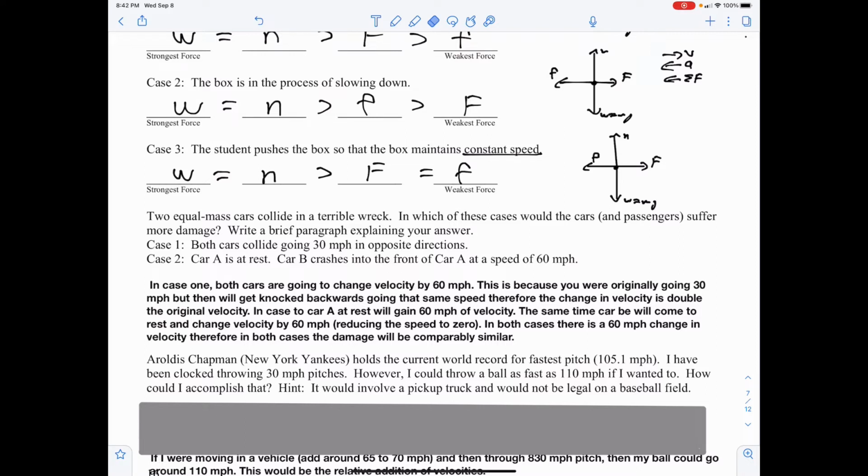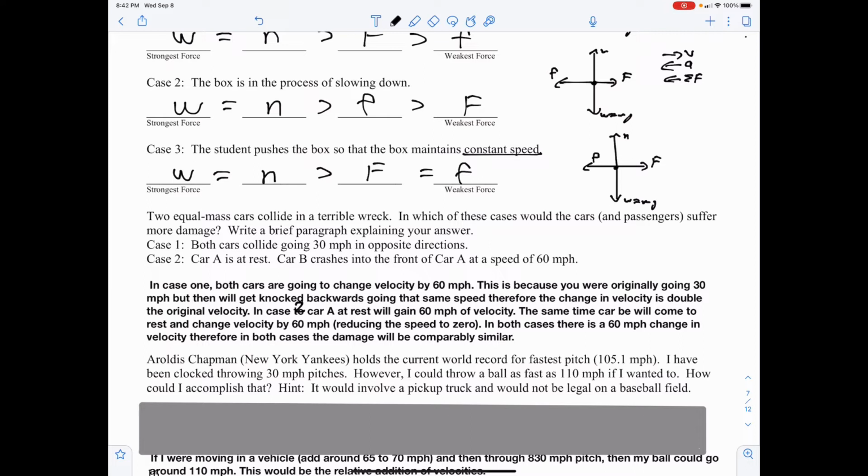This is because we were originally going 30 miles per hour, but then we get knocked backwards going the same speed. Therefore, the change in velocity is double the original velocity. In case 2, car A is at rest and will gain 60 miles per hour of velocity when hit, right?